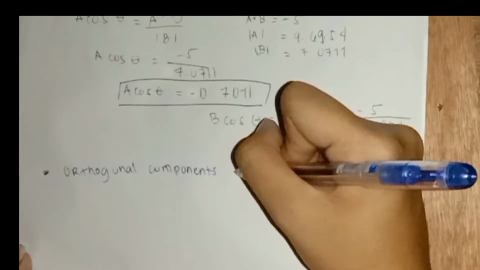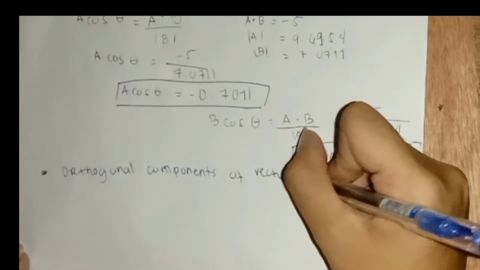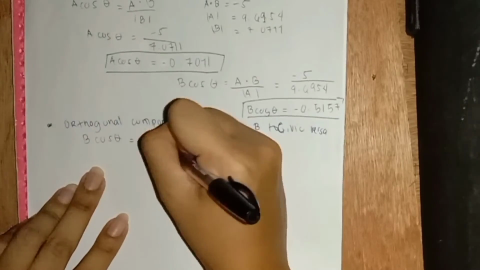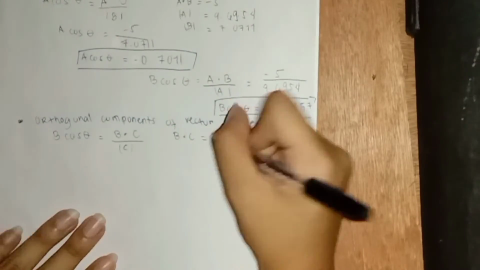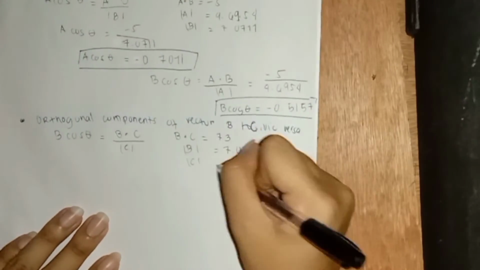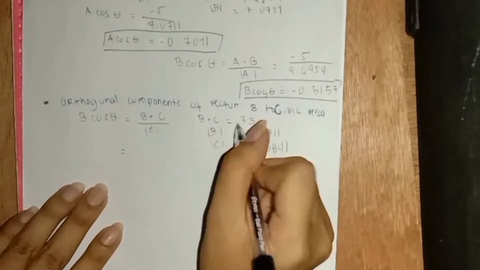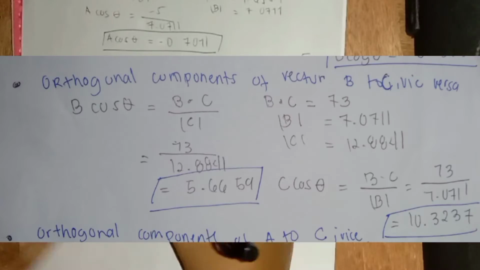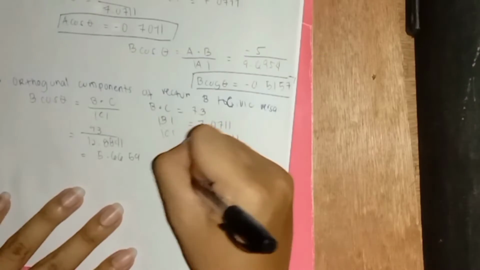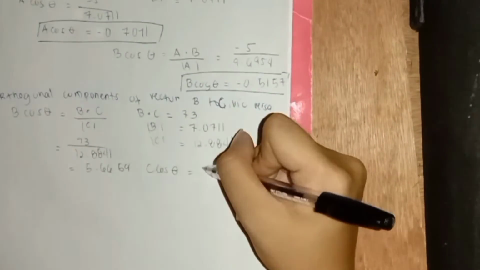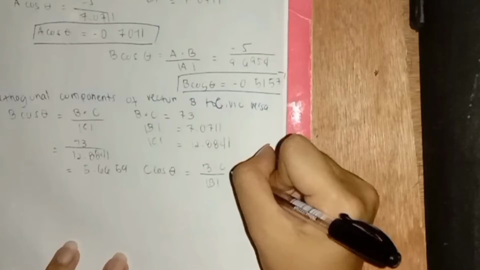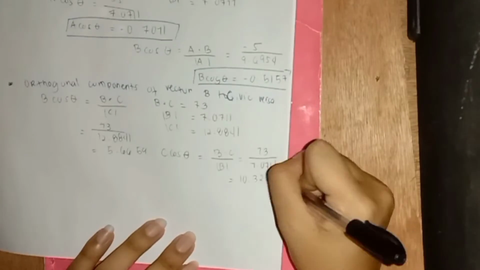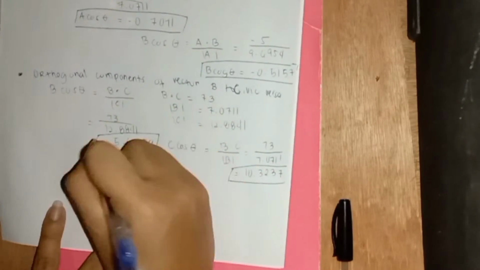For the orthogonal components of vector B to C and vice versa, we have B cosine theta is equal to the dot product of B and C over the magnitude of vector C. Let's substitute: 73 over 12.8841 will give you 5.6659. For the vice versa, C cosine theta is equal to the dot product of BC over the magnitude of B, and we will have 10.3237.